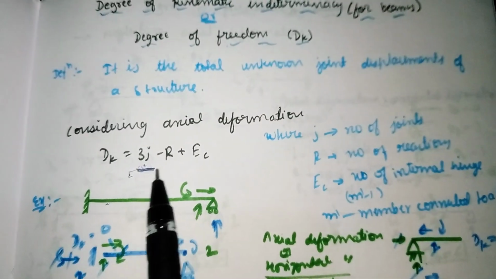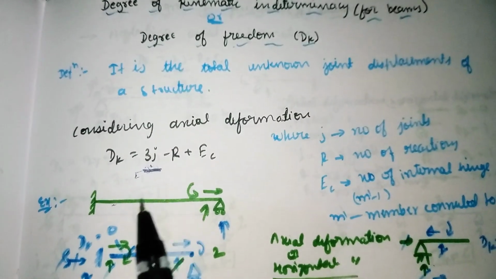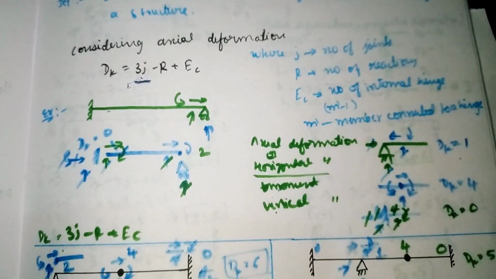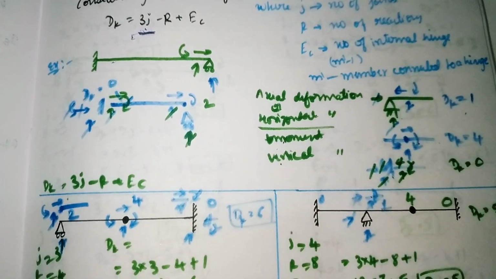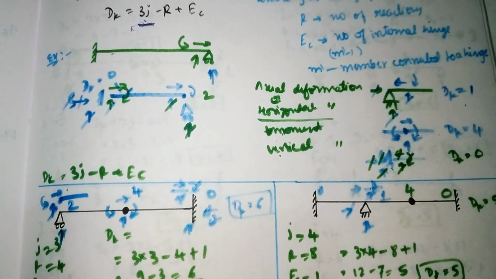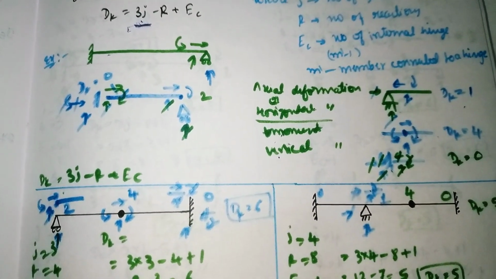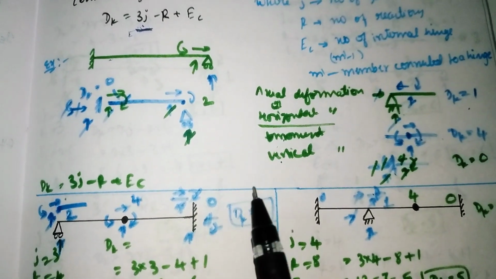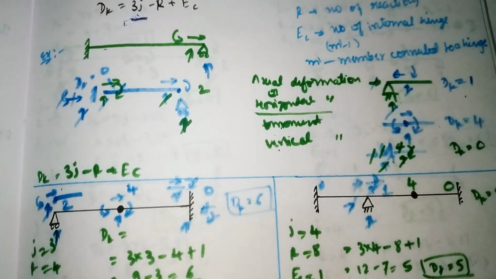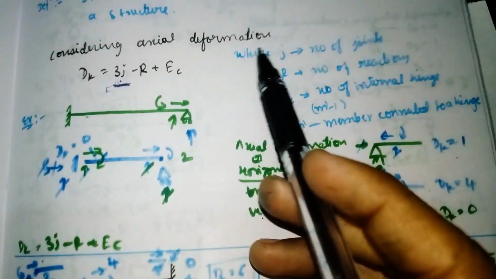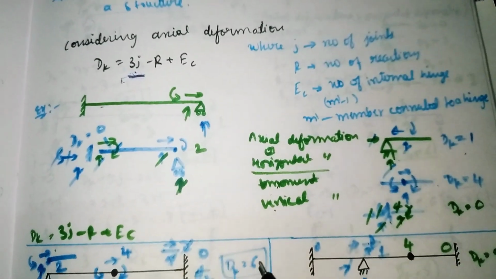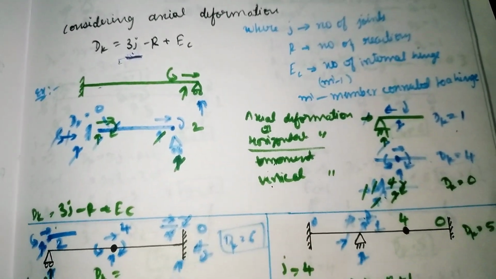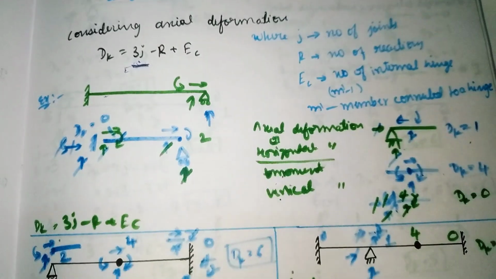By using this formula for beams, as well as manually. I'll give the link in the description box. Before coming to the stiffness method, you can go through this video, otherwise you won't understand how to calculate the degree of freedom. In this video I have explained in detail how to find it by using this formula as well as manually.